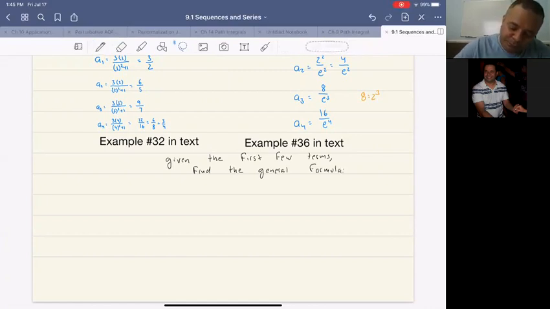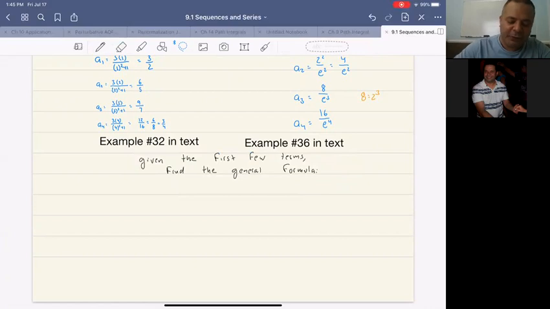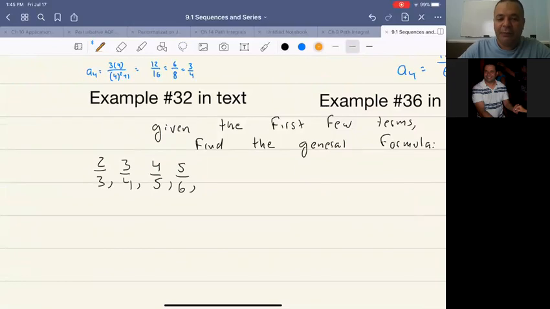Okay, so 32, we're given 2/3, 3/4, 4/5, 5/6. So now you may or may not be able to find the next term. If you did, congratulations. It would be 6 over 7. Next one would be 7 over 8.